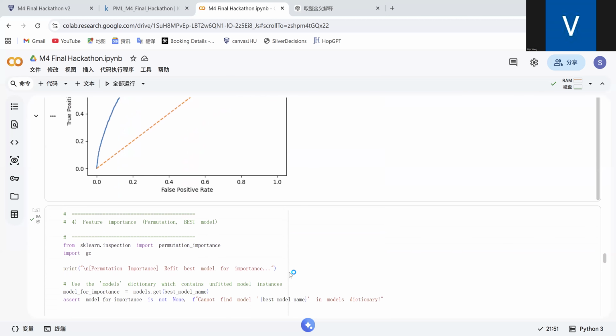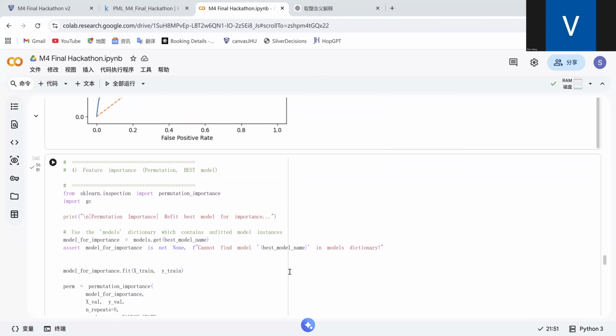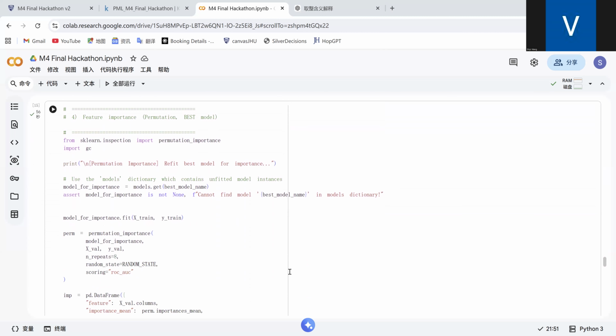For interpretability, I applied permutation feature importance on the validation set.